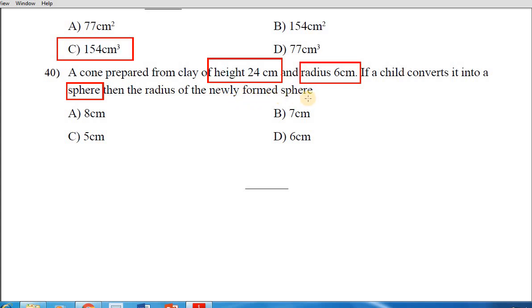So which formula do you wanted to use? Volume of cone to volume of sphere. Volume of cone finding formula is 1 by 3 pi r square h, small r only you take that. And while using the sphere volume formula, 4 by 3 pi capital R cube you take and simplify, you will get the answer 6 centimeters.